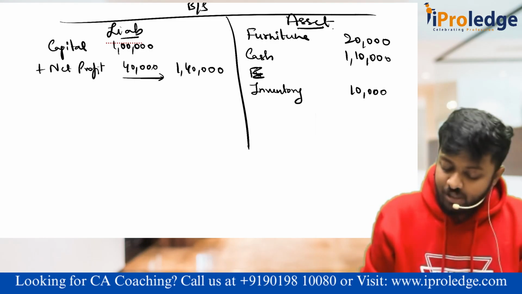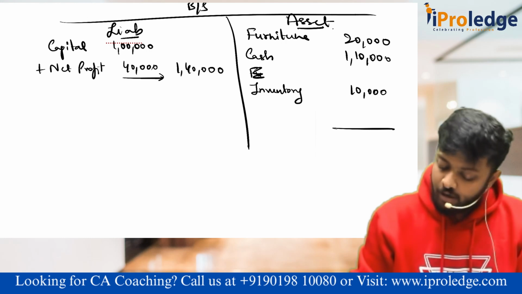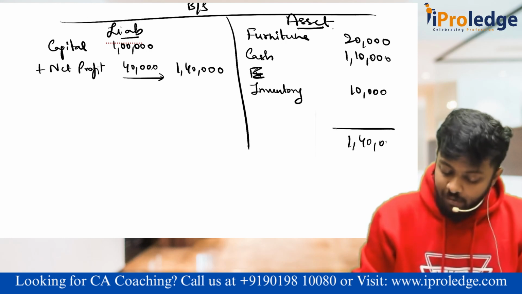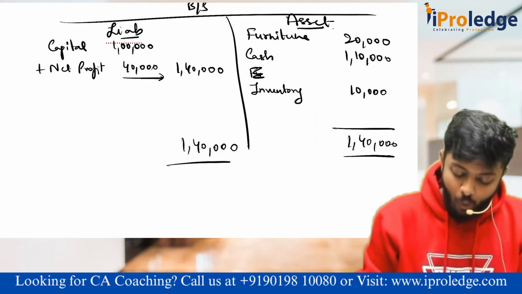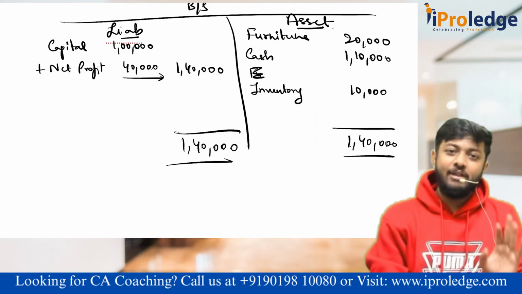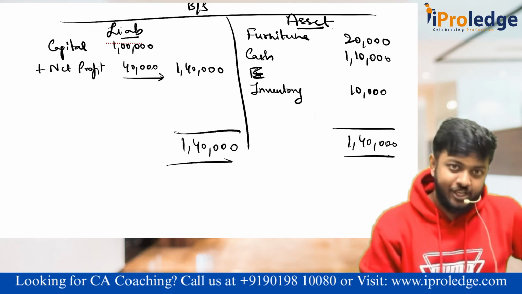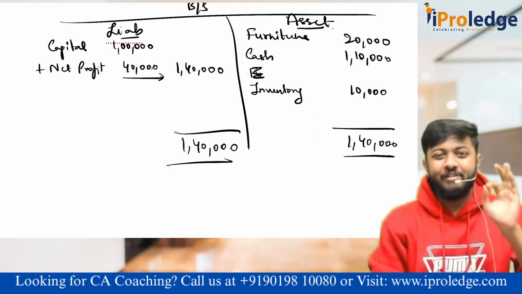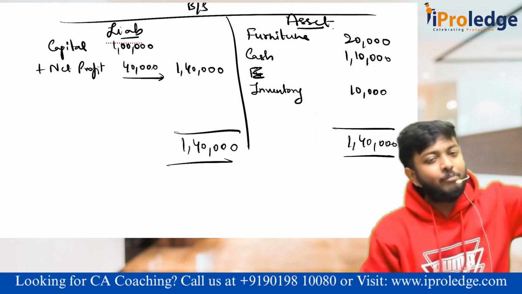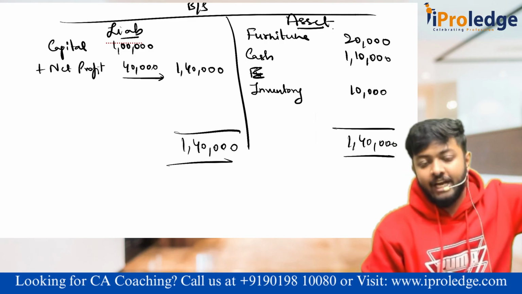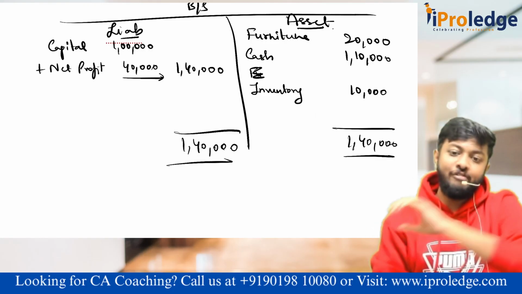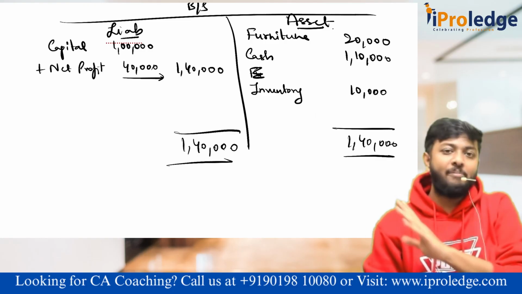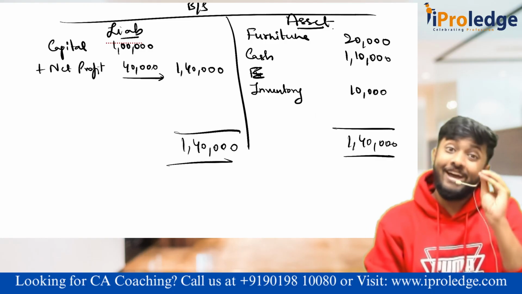Asset side 20 plus 1 lakh 10 plus 10. It is 1 lakh 40,000, and liability side 1 lakh 40,000. Whoa! My asset and liability side both are matching. So did you see? That means we have done our accounts correctly from the point of the transaction happening till the transaction came and landed in P&L and the balance sheet. We have seen how the flow has happened. Guys, this flow or process is very, very important.